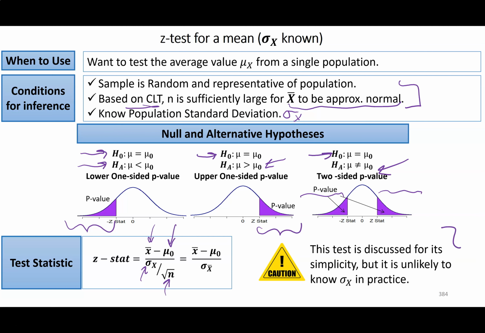So we're going to discuss this particular test this week because it's probably one of the simpler tests. But in reality, we usually aren't fortunate enough to know the population standard deviation. Usually if you know the population standard deviation, you also know the population mean. Which most of the time you don't know, because why would you test if you knew exactly what it was?